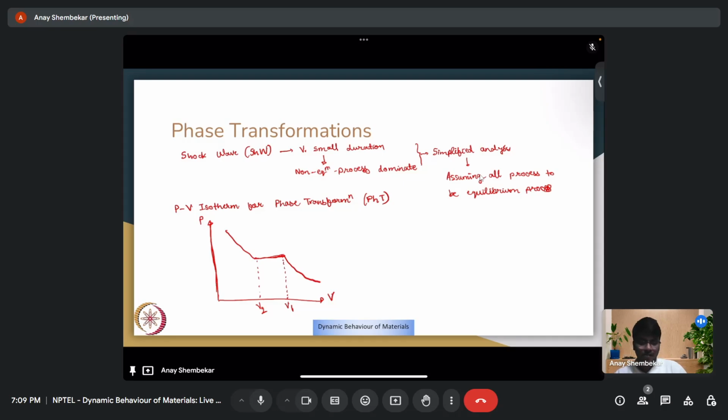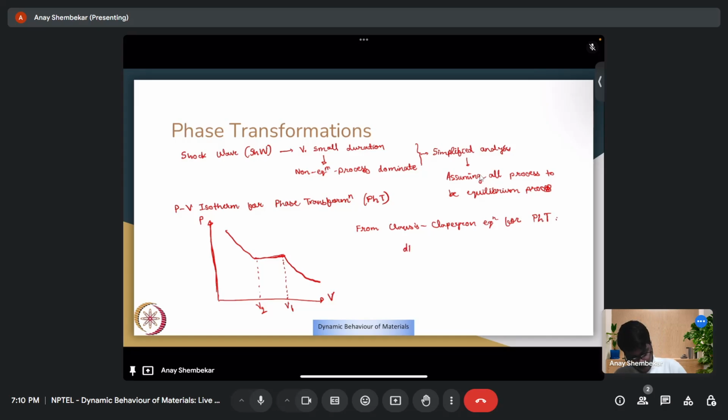And we've already seen in the previous class the Clausius-Clapeyron equation of phase transformation. While deriving this equation, we assumed reversible processes.